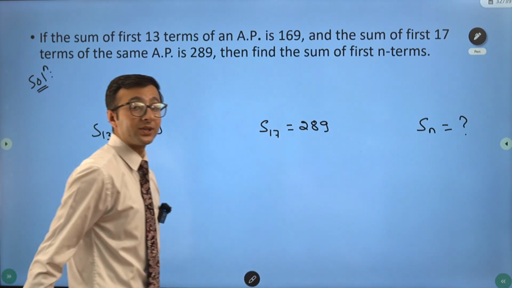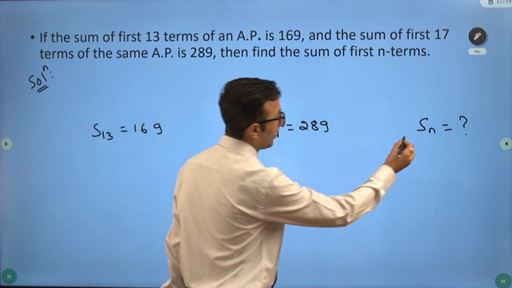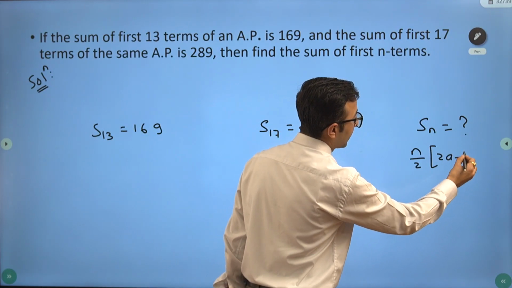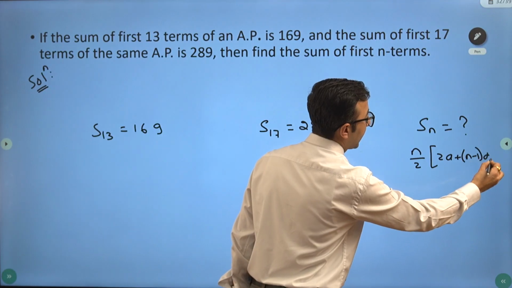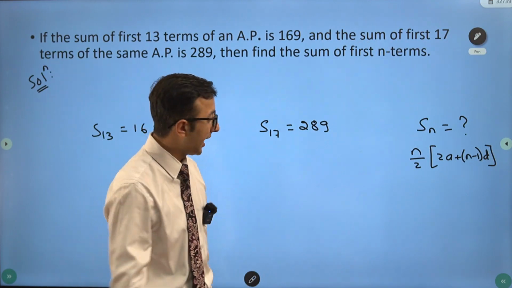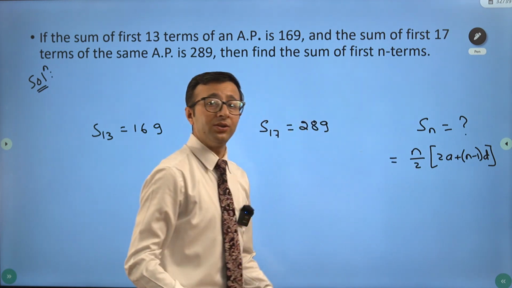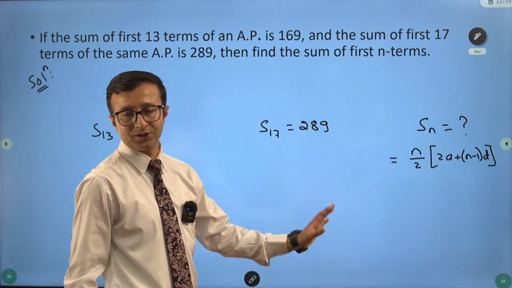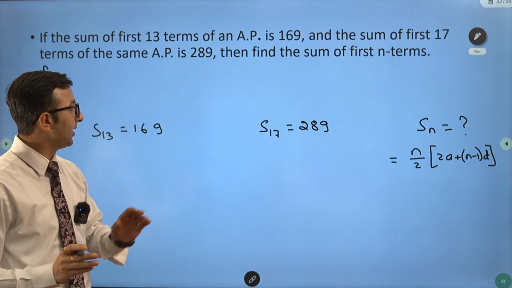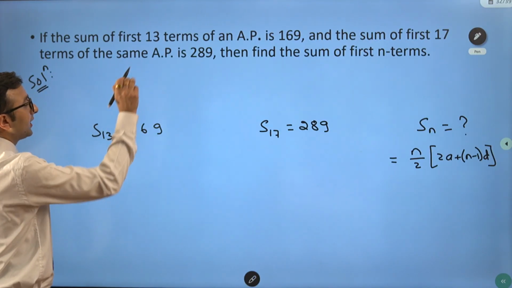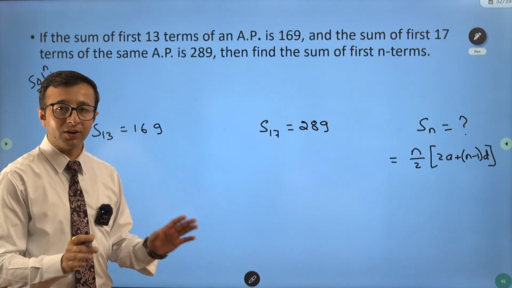That means the sum of the first n terms. The formula for Sn is n by 2 into 2a plus n minus 1 d. Here n is a given value because we need to find the sum of the first n terms. So once we have the value of a and d, we can obtain the sum of the first n terms. So we will find the value of a and d. In this AP, we don't know the first term or the common difference.